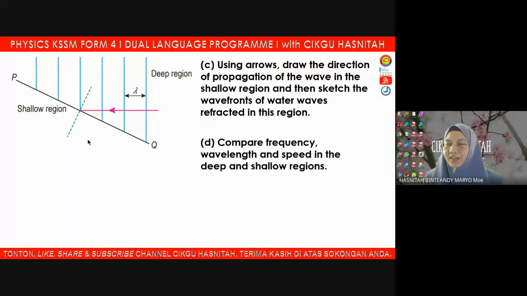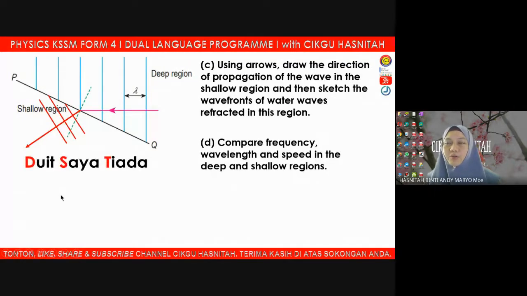Okay, so we check. From deep to shallow region, what happened? It will propagate towards normal. And what happened? The wavelength decreases, becomes shorter. Look at the formula the teacher gave. So deep to shallow, propagate towards. D is for deep, shallow, towards normal.